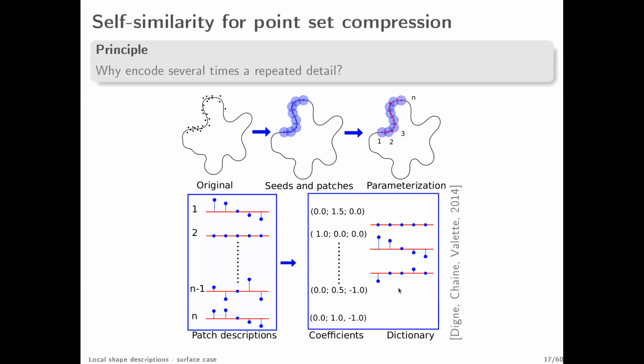Small dictionary meaning only 16 or 32 atoms, so it's very small compared to maybe 200,000 patches. And the set of coefficients is sparse, so it's actually quite easy to encode them, because sparsity is good for matrices.